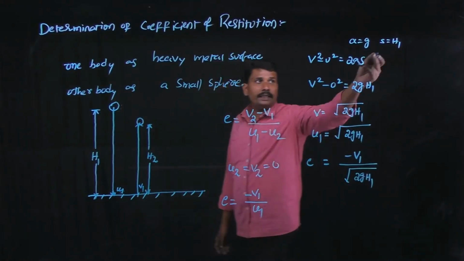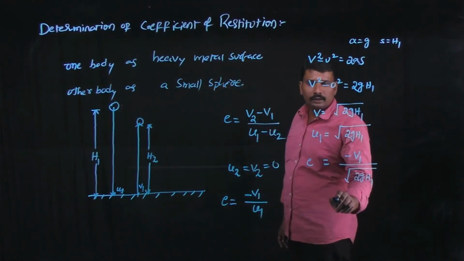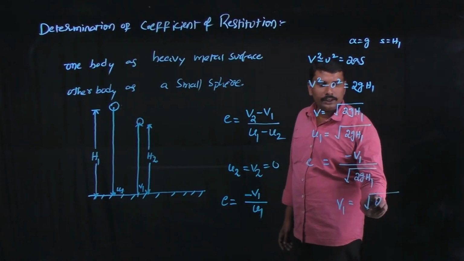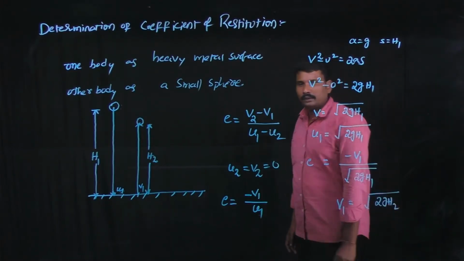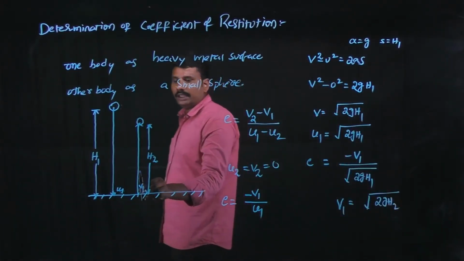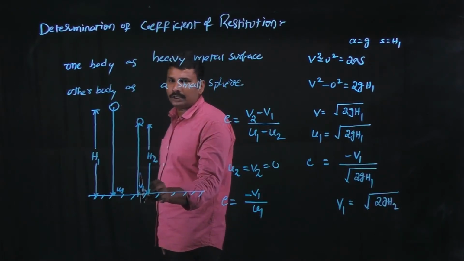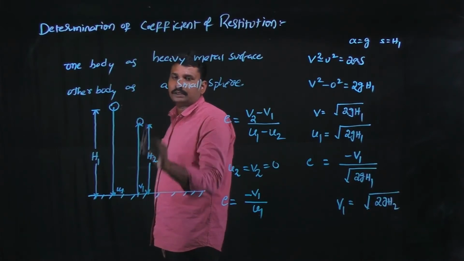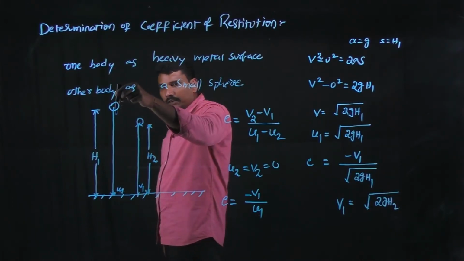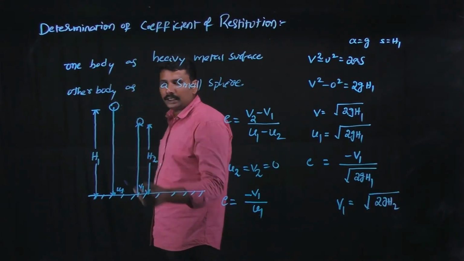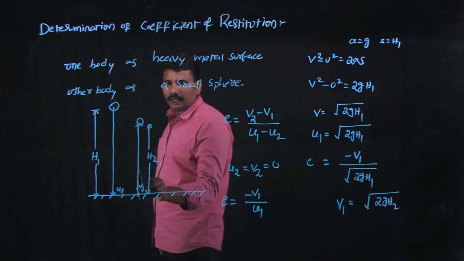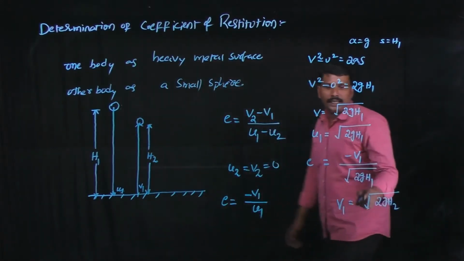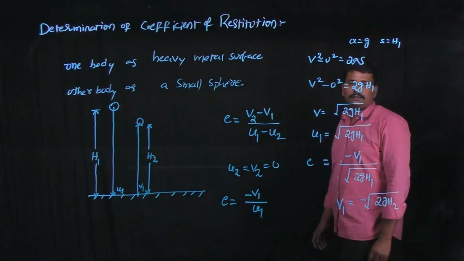Again from the kinematic equation, v1 equals under root 2g h2. But the direction of the velocity of the small sphere after collision is upward, as it rebounds from the heavy metal surface. Before collision, u1 is in the downward direction. Due to the opposite direction, there is a negative sign.